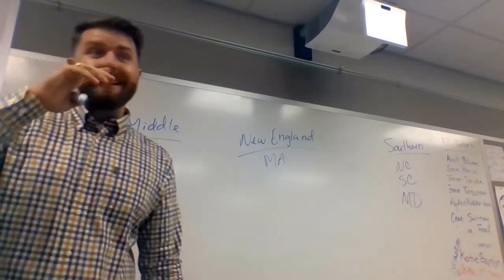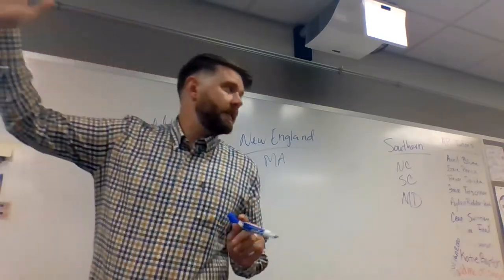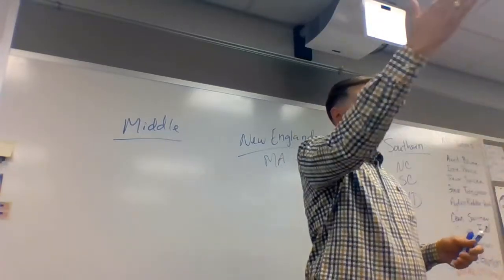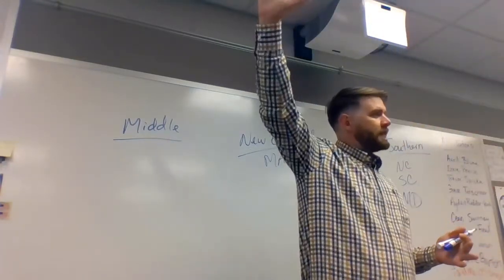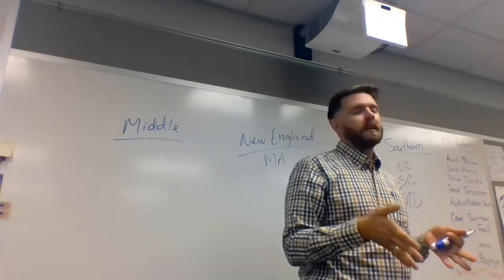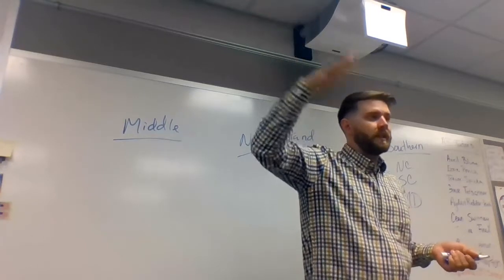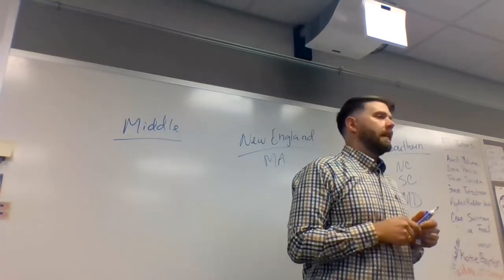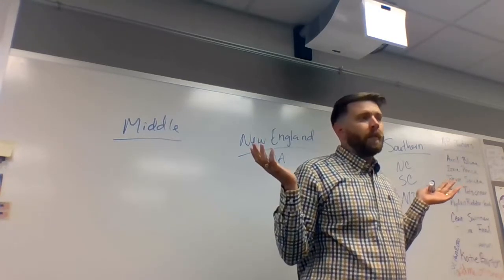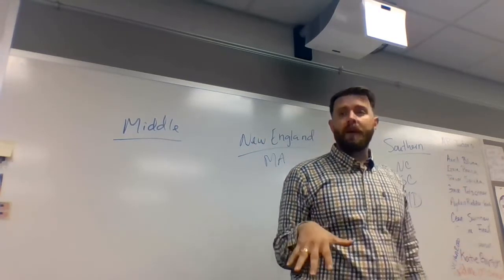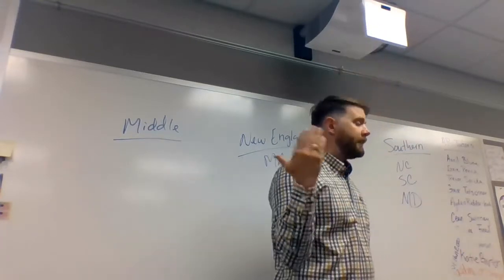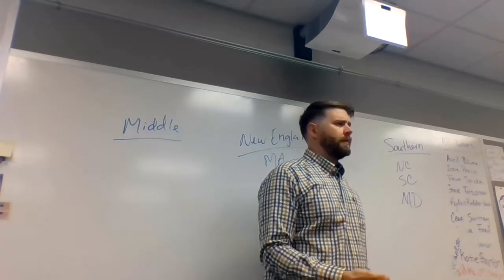All right. Anything northeast of the Hudson River, which runs basically north and south through New York. So anything east of the Hudson, not including New York. New York is going to be a middle colony. But anything east of the Hudson and northeast of the Hudson, we're going to call that a New England colony. And just as a point of information, when it gets to be the American Revolution, one of the first tactics that the British are going to take is to try to cut off the head of the serpent, so to speak.